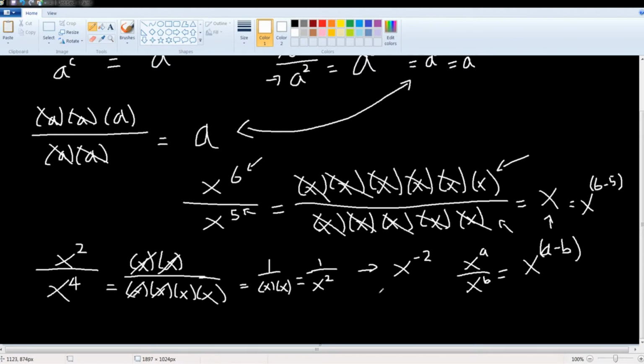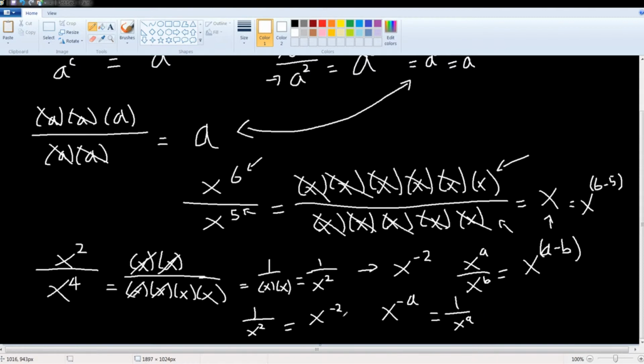Well, that's because 1 over x squared is the same thing as x to the negative 2, right? Remember, previously I told you that whenever we have something to the negative exponent, just a quick reminder, x to the negative a is the same thing as 1 over x to the a.